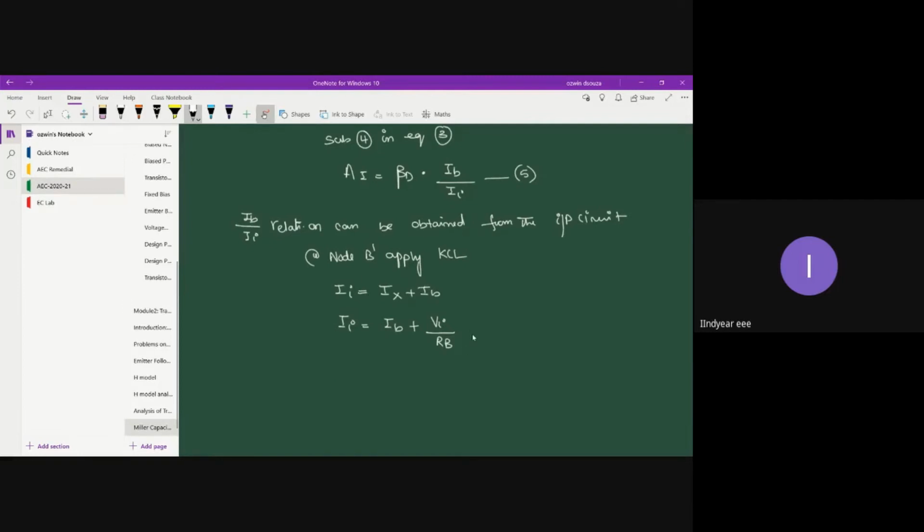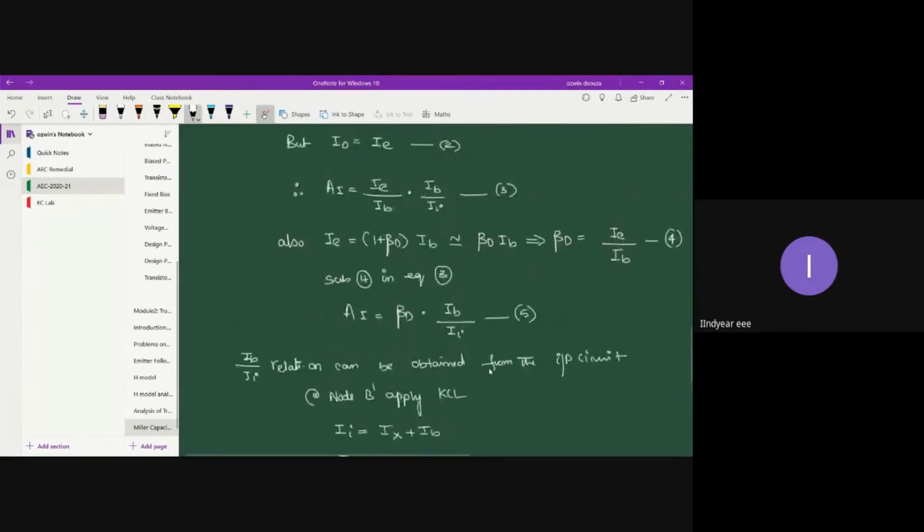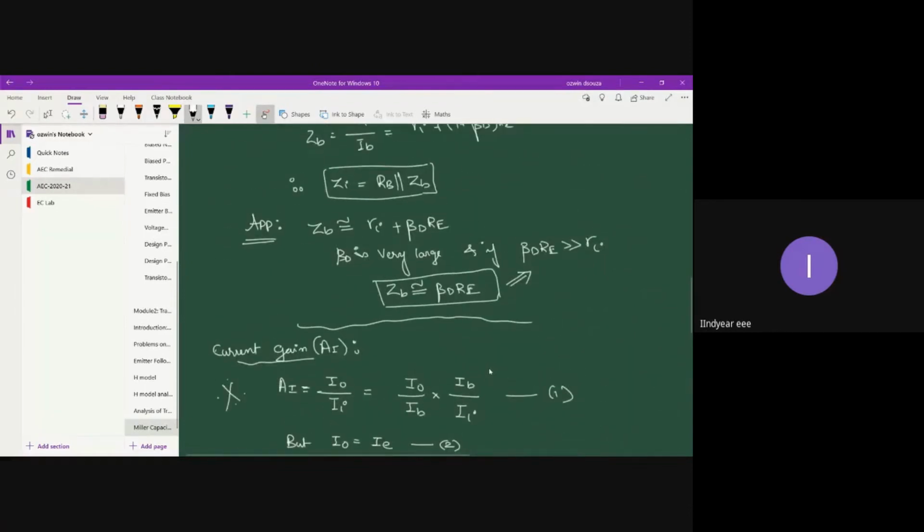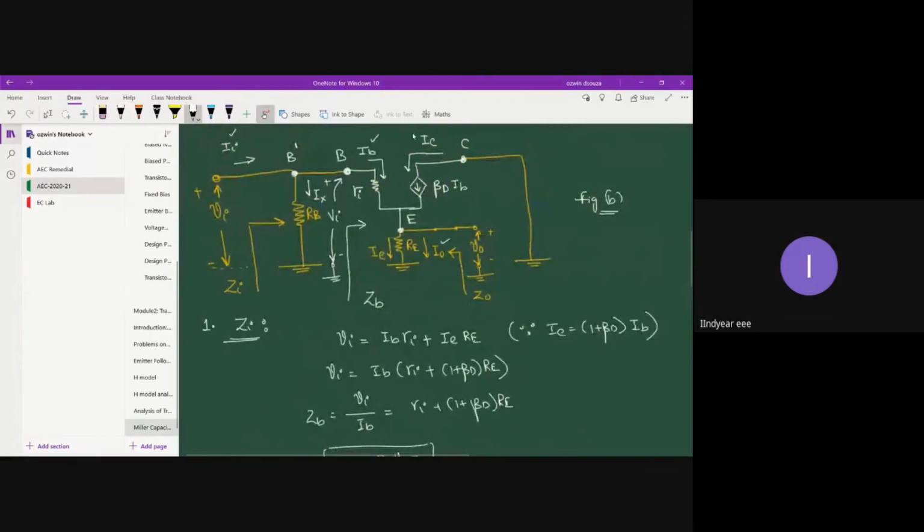Then also from the circuit, you can write II as the total voltage, that is VI plus IB into RB, divided by the resistance RB.